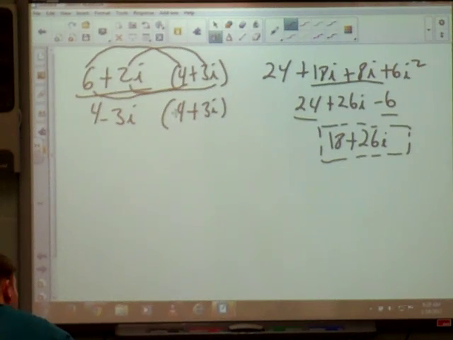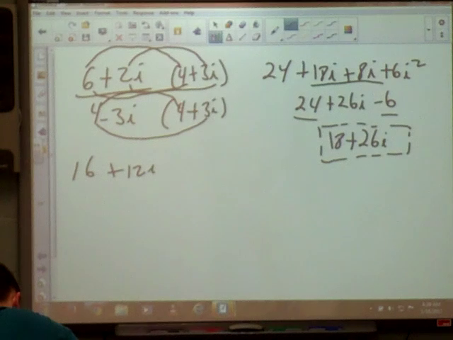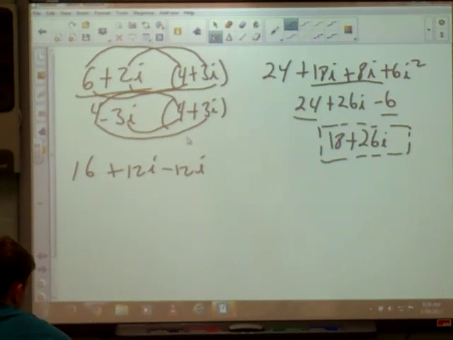Now I have to FOIL the denominator. Remember the goal, what we should see is the i's cancel out. My first, 4 times 4 is 16. My outer, 4 times 3i is a positive 12i. On my inner, negative 3i times 4 is a negative 12i. That's good news, right? On my last, negative 3i times 3i is a negative 9i squared.